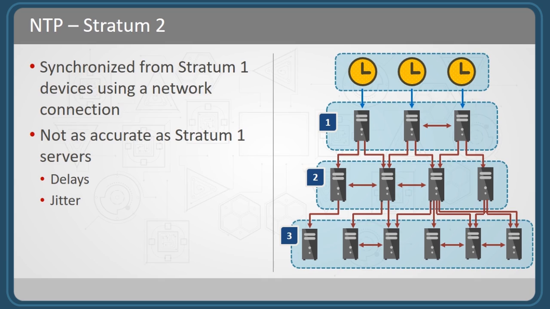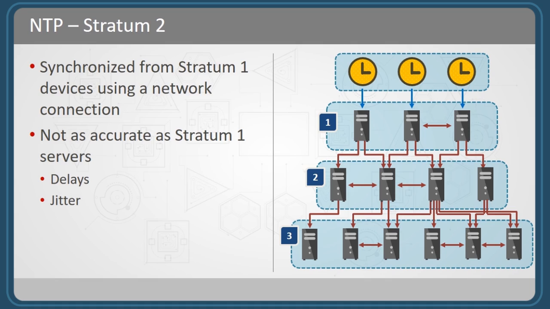So Stratum 2, in essence, just does the same thing as 1 does with respect to 0. So as far as 2 is concerned, 1 is the highest level. So they are synchronized from Stratum 1 using standard network connections. Now, they might not be as accurate as Stratum 1 servers because there can be delays and effectively jitter in network communications. But this, of course, is why they are able to poll each other.